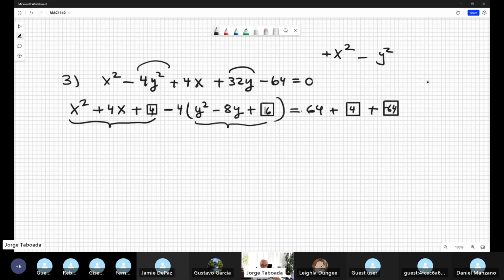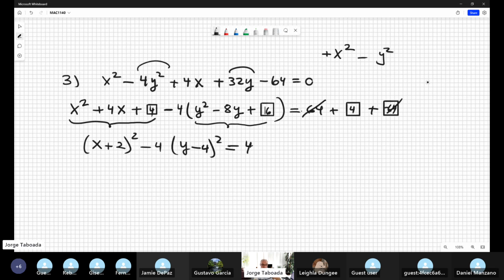Because this negative multiplied by 16 is 64. Cool, I like it so much because that part cancels and stays alive only 4. The factorization: this is x plus 2 squared minus 4. The factorization is y minus 4 squared equals 4.